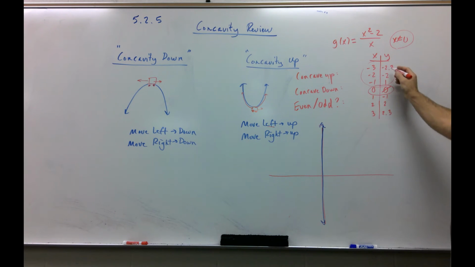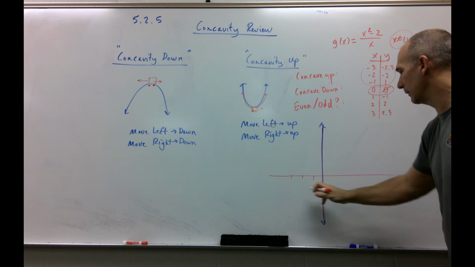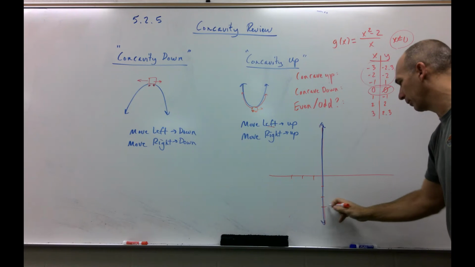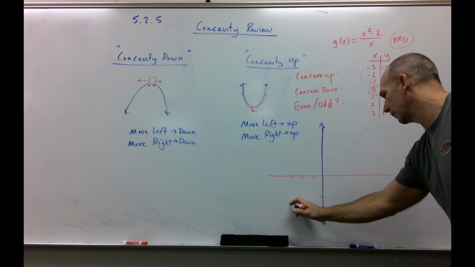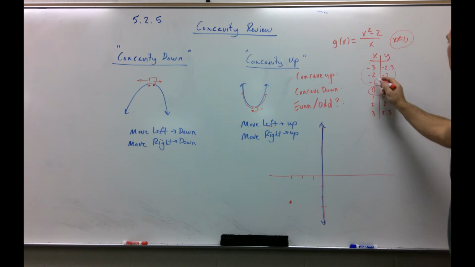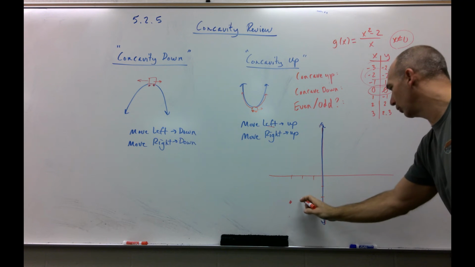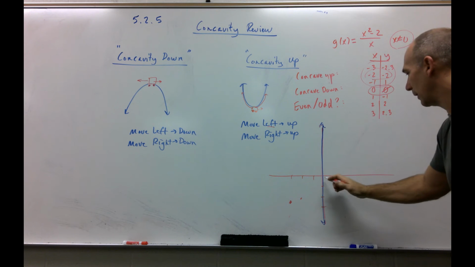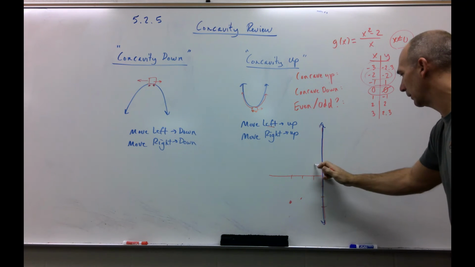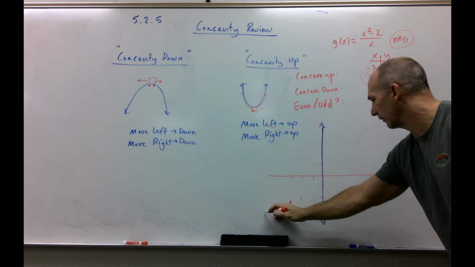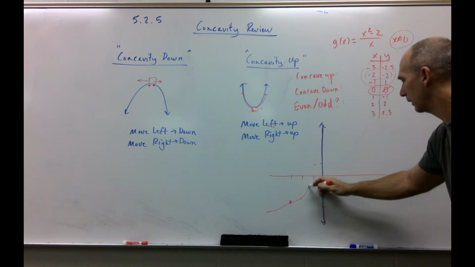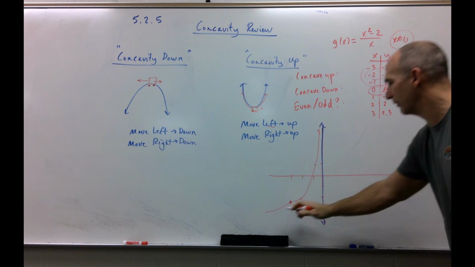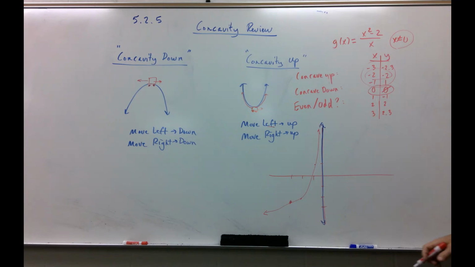So negative 3, 1, 2, 3. Negative 2.3 would be right about here-ish. And then negative 2, right here. And then negative 1, 1 would be right here. And we kind of see what this is doing. Now we could plug in a lot more, but now we just have a general idea of what that looks like.